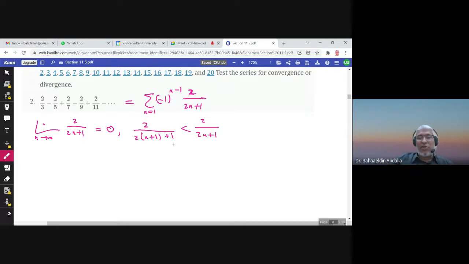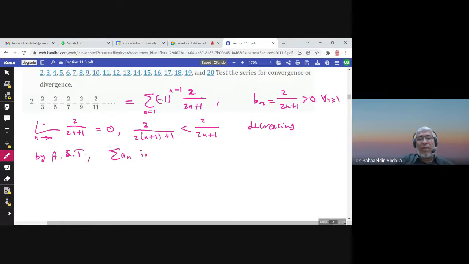So it is decreasing also, and the limit is 0. And of course 2 over 2n plus 1 also is positive, always greater than 0 for all n greater than or equal to 1. So by the alternating series test, summation an is convergent, where this is an.